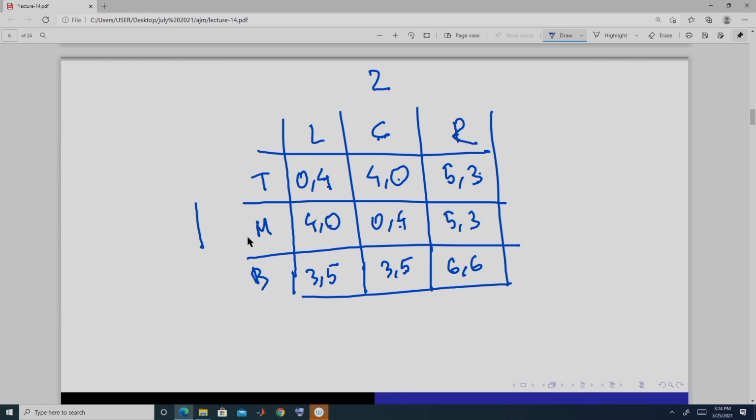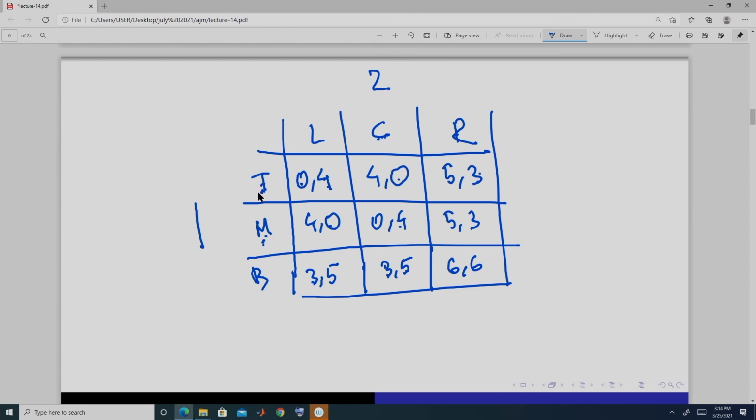Now, look at the player 1 things 0, 4, 4, 0. So, we cannot say T is dominated by M or M is dominated by T. Now, compare this 4, 0, 3. So, neither M dominates B nor B dominates M. Now, compare T and B, 0, 3, 4, 3.